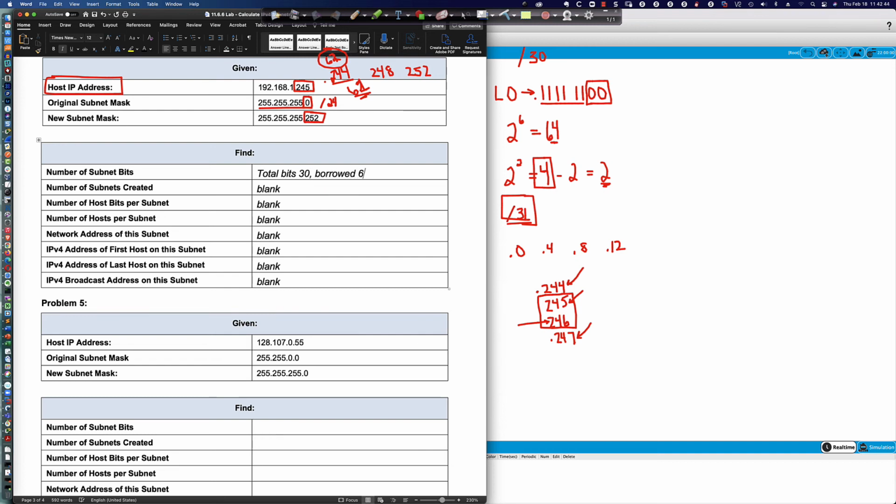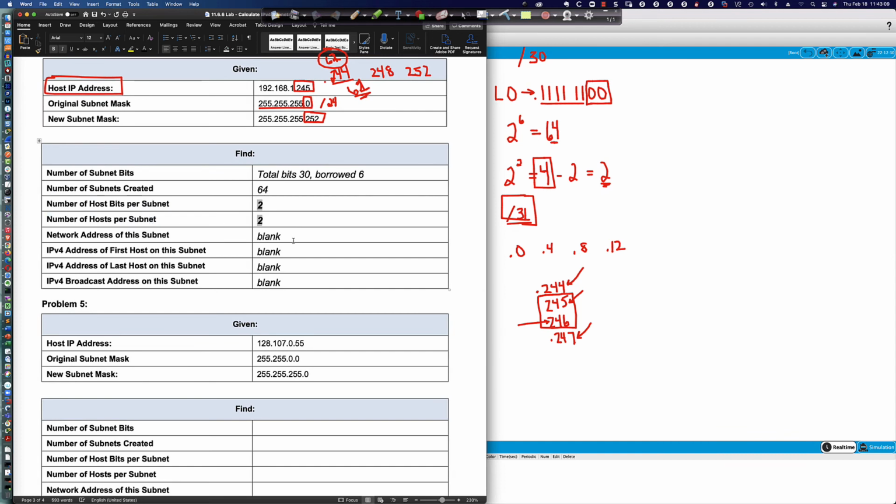Well, we borrowed 6 of the 8 of that last octet. All right, number of subnets created. Well, that was easy. We took 2 to the 6, and we got 64. And then the number of hosts per subnet, well, that's only going to be 2.